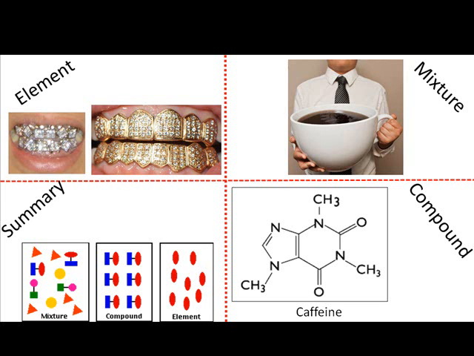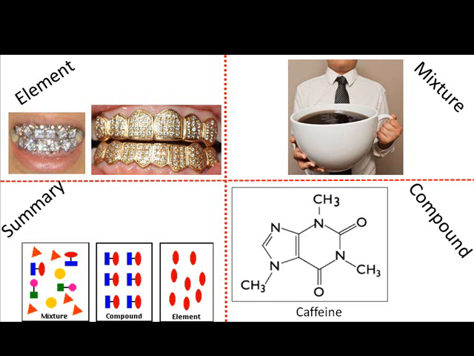Now then you have a mixture. A mixture is having two or more different kinds of substances inside a container. As we'll see, mixtures can be homogeneous and heterogeneous, but the take-home message right now is that a mixture is two or more substances that exist in a container.